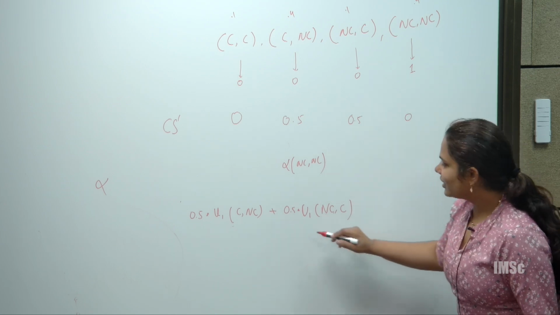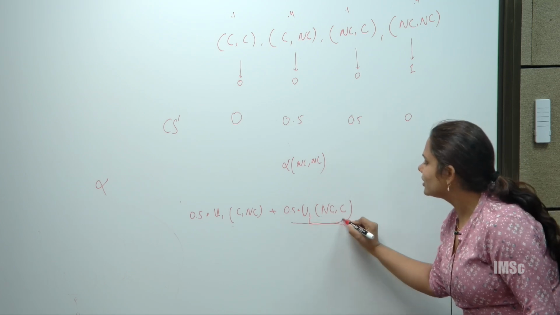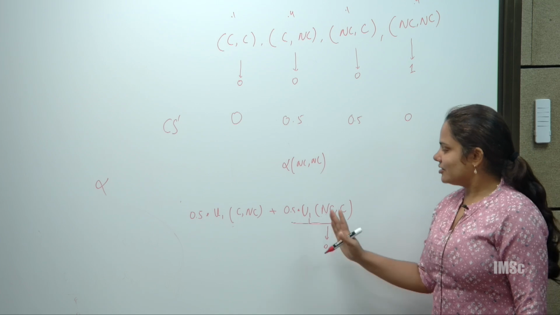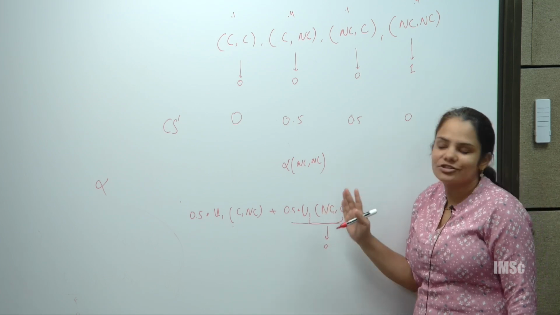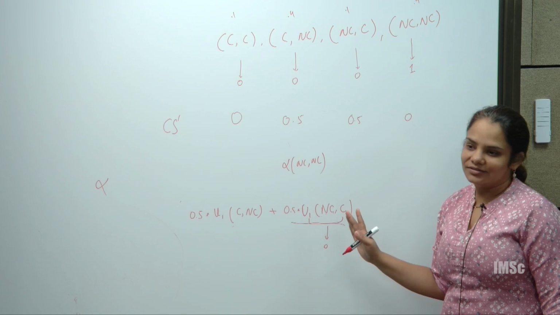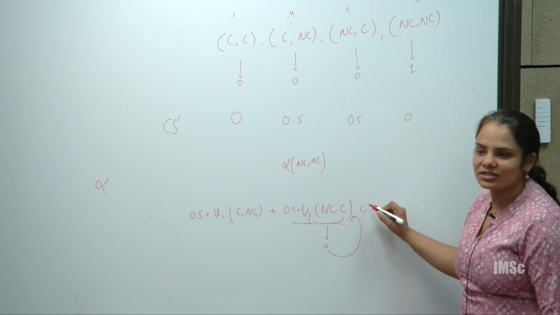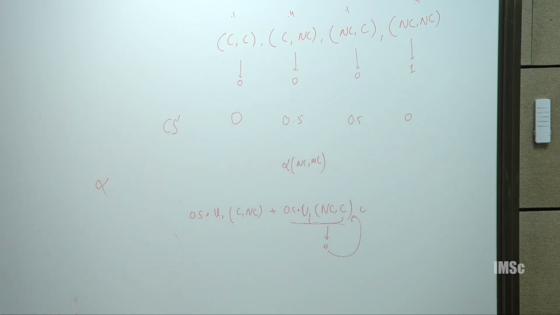So in this particular situation, the utility of player 1 is 0. So when the moderator is asking this player to play NC comma C, it does not make any sense. This player will basically deviate towards C and get a better utility. So it is not a correlated equilibrium. Okay. Perfect.